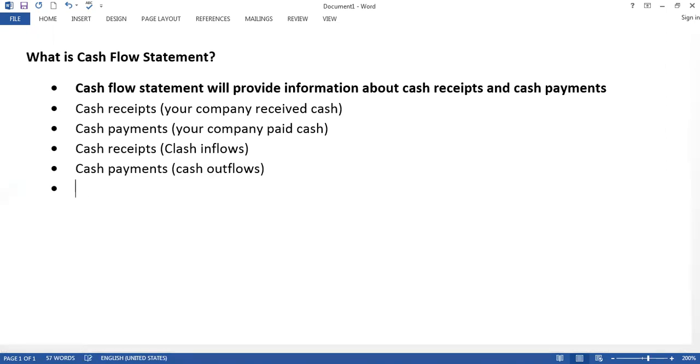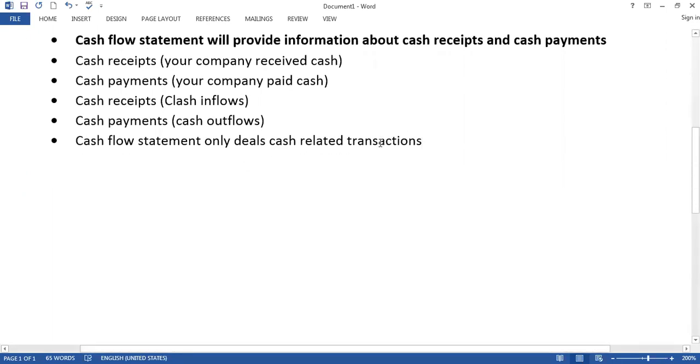So finally, cash flow statement only deals with cash related transactions.